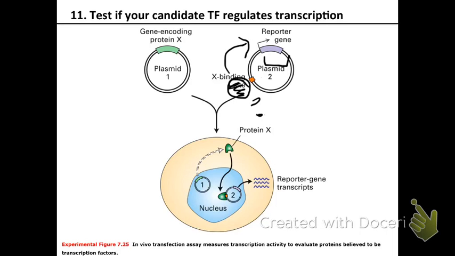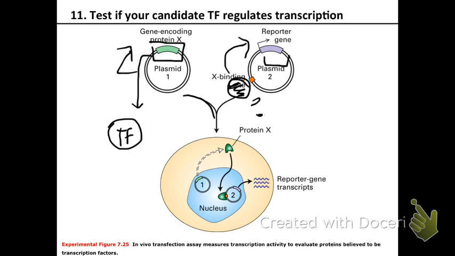So what you can do is clone your candidate gene in a plasmid that is going to support the expression of this gene, and when this gene is translated, it's going to make the candidate transcription factor.